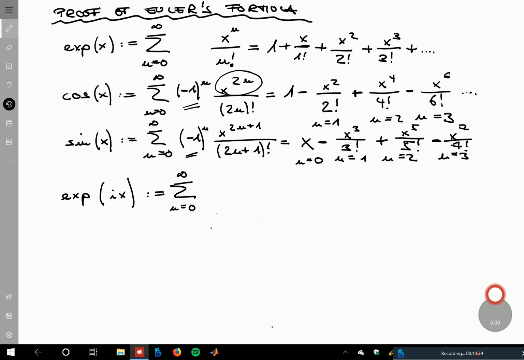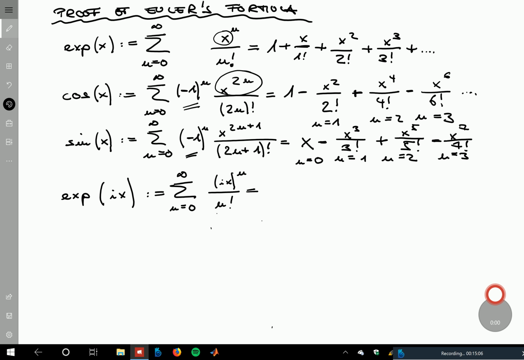So if you put in, instead of only putting in x, we put in ix now, and otherwise things remain the same. And then if we now compute this for a couple of terms, so for n equals 0 we have something to the power of 0, which is always 1.